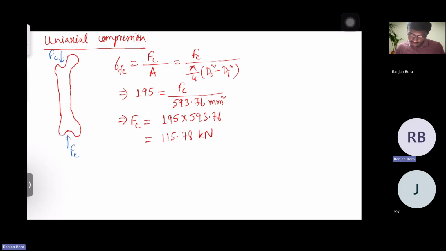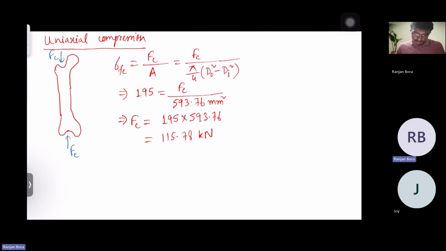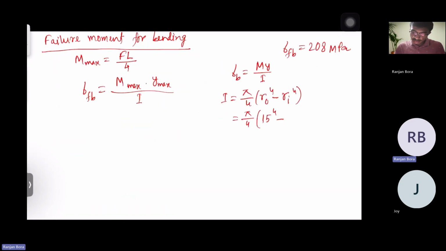R naught is... pedestal diameter is given 3 centimeter. So R naught is 1.5 centimeter, which in mm is 15. 15 to the power 4 minus Ri, which is 1.2, that is 0.66 mm to the power 4.